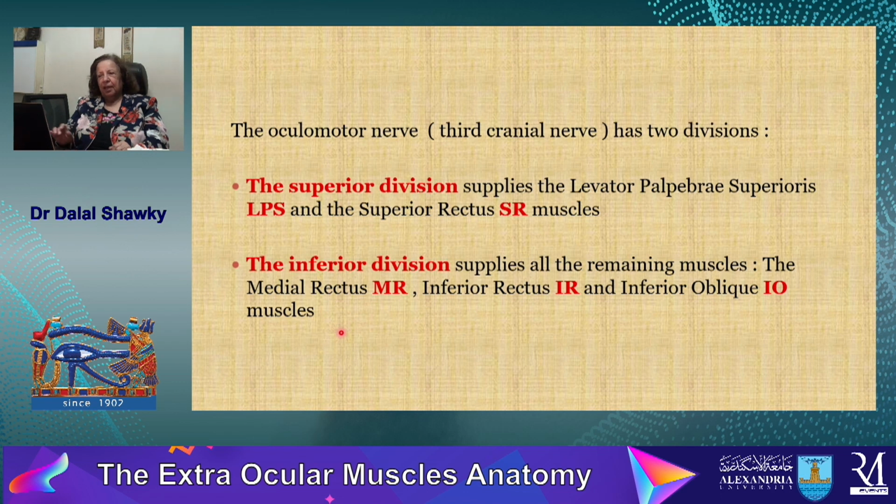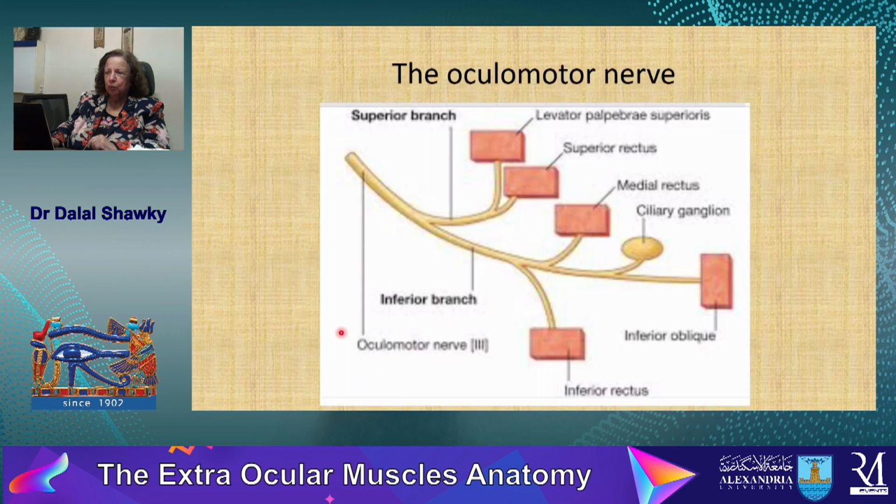And we also have something special: the parasympathetic fibers that go with the oculomotor nerve from the start of its origin in the midbrain. The oculomotor arises from the midbrain at the level of the superior colliculus, and the parasympathetic fibers go with it to the inferior division, and then to the nerve to inferior oblique.